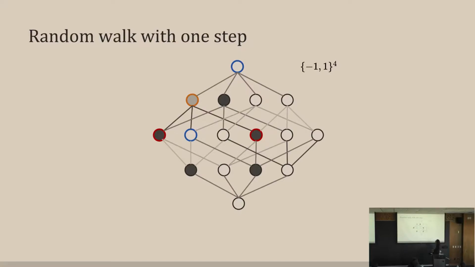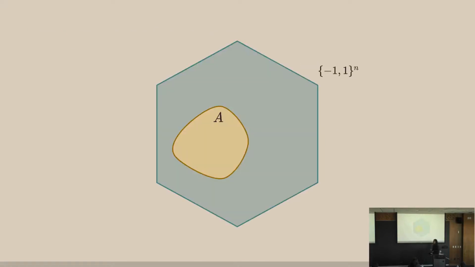And I do this for every point in the set and average over them all, and that's the conductance. So in this high dimensional picture, the conductance is measuring the length of the boundary of the set. But A doesn't necessarily have to be connected. You're just drawing it this way for convenience. Yeah, it's just more convenient to draw it connected.